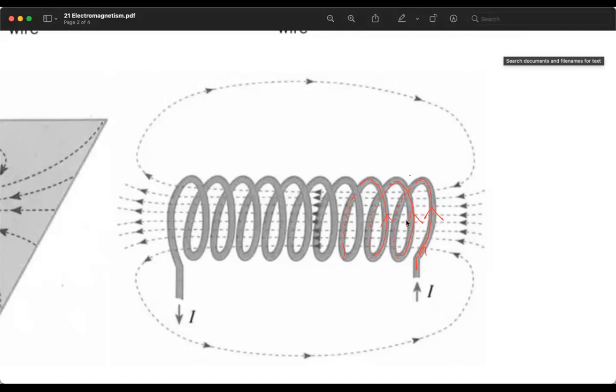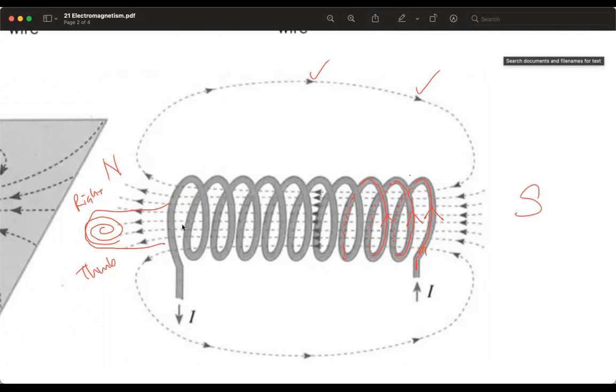So if you were to use your right fingers, to wrap it over this solenoid, your right thumb will be here. This is your right thumb. Therefore this is your north pole, and this is your south pole, and your magnetic field direction is correct now. Is that clear?